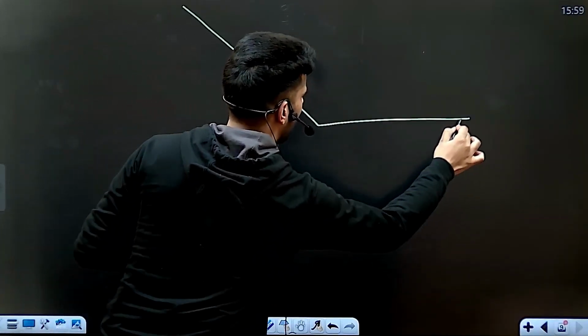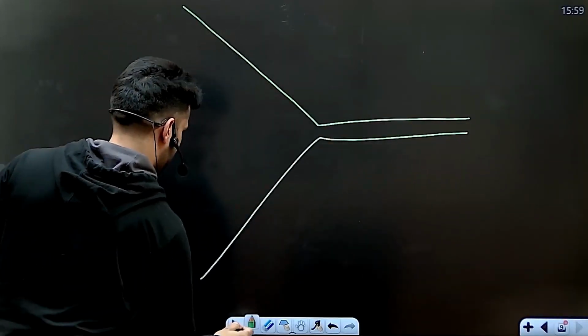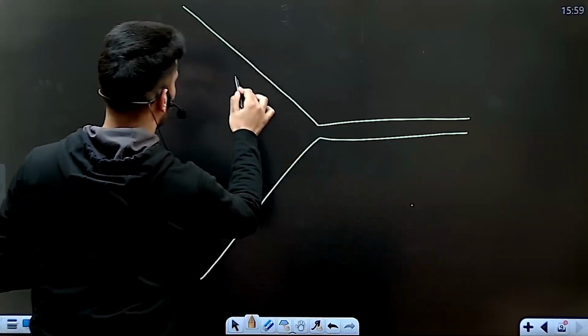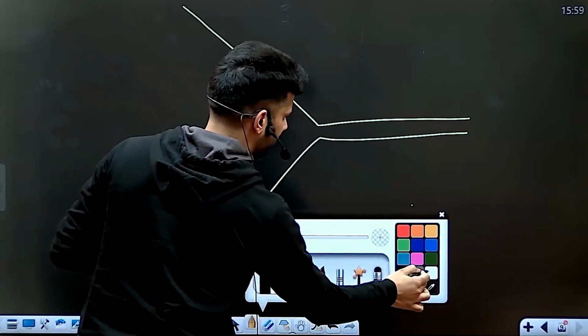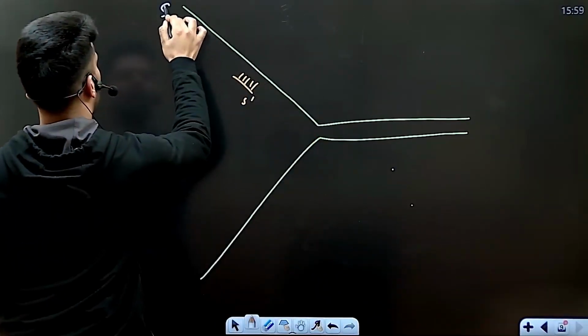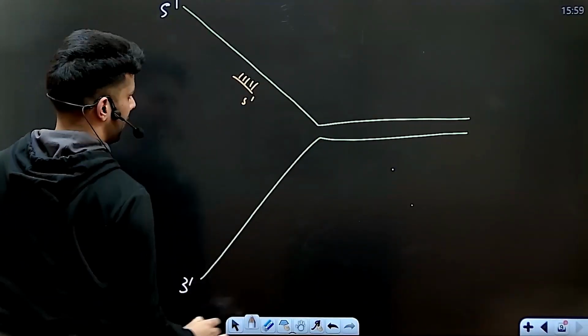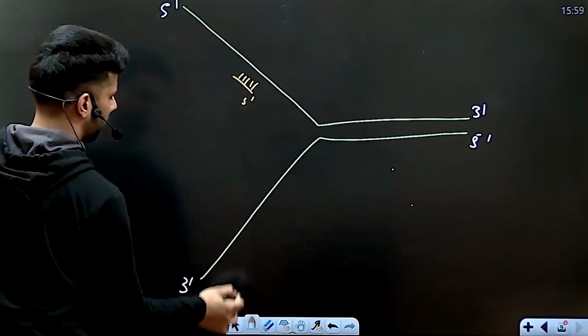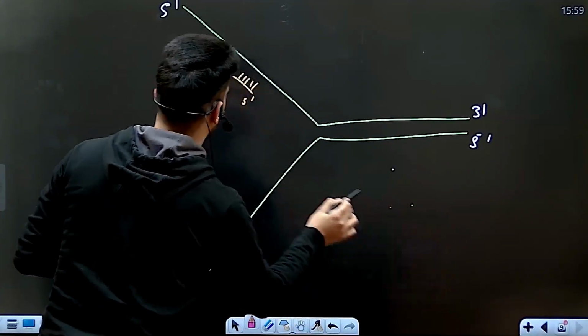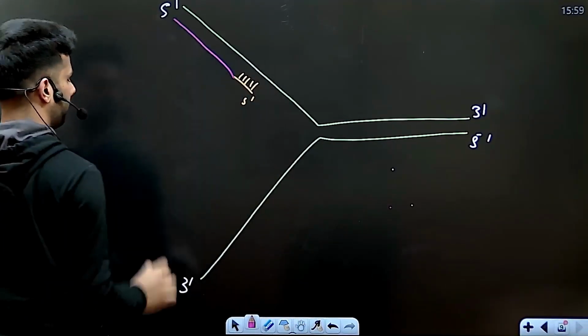So DNA has unwound further. Our previous primer was right here, with its 5' end, and this strand was 5' on this end, and this strand was 3' on this end. So this was 3', this was 5', and our primer was right here, and our replication completed to this point.